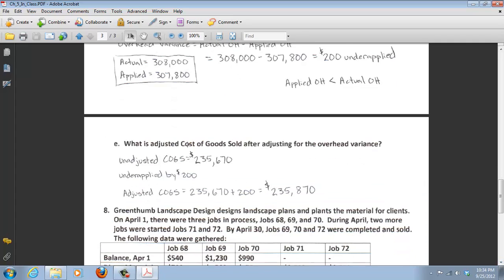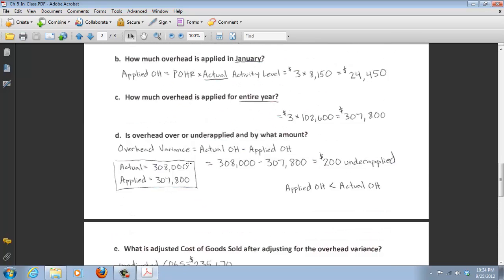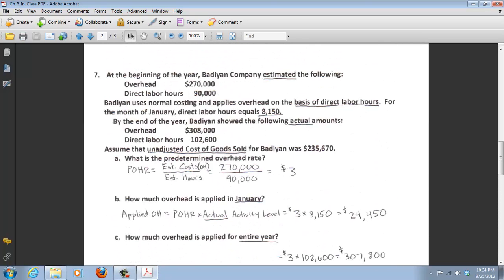Next, we'll take a look at the adjusted cost of goods sold after adjusting for the overhead variance. So for this, we're going to look back up to the information that's given in the problem for this unadjusted cost of goods sold. And that's given in the last line here, unadjusted cost of goods sold.